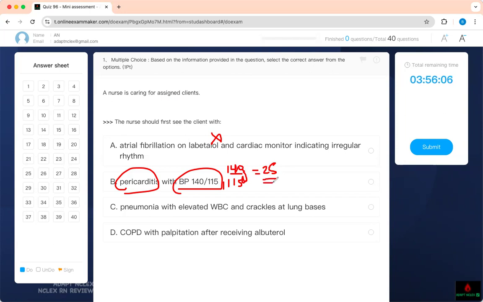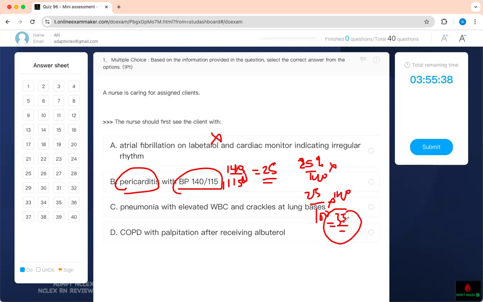That is the pulse pressure. The normal pulse pressure is 30 or 25% of the 140. So 25 over 100 times 140 gives you close to 35. This is what the pulse pressure should be.